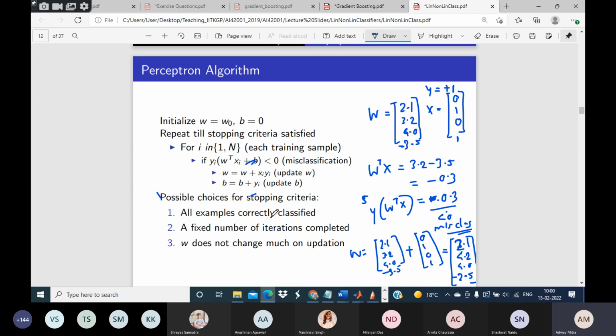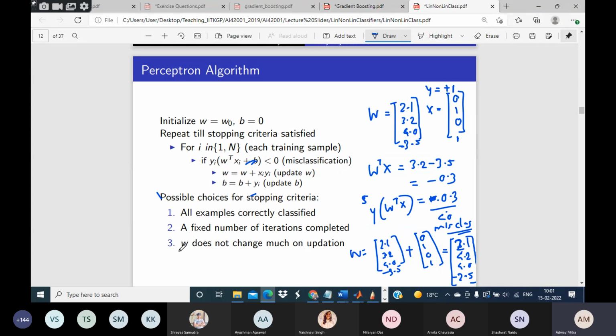If that happens, then you have been able to find the separating hyperplane. Or if a fixed number of iterations are completed. Just like in gradient boosting or AdaBoost, we may have a predefined value that only these many trees are going to be allowed. In this case also you may have a fixed number of iterations, after which you may stop.